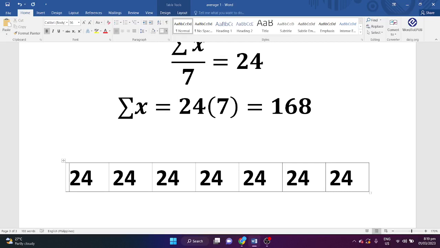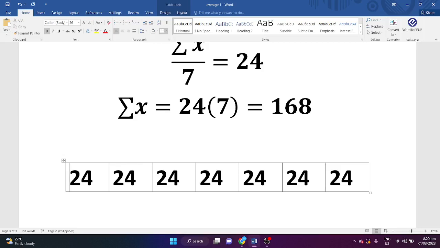Now, since the average of these 7 numbers is 24, I make an assumption that I will be inputting 24 in each unit in this rectangular bar model. So there are 7 units, so each has a value of 24 because that is what is being reflected in the problem, particularly the average.